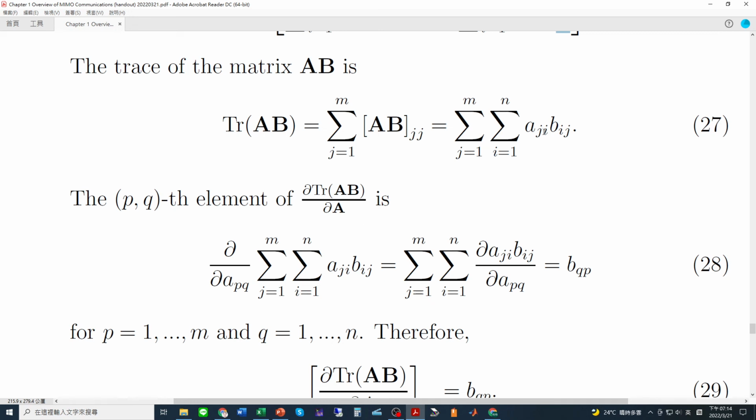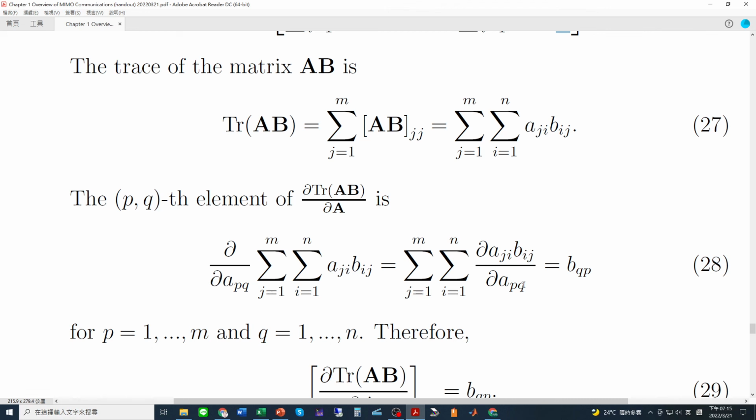Then the partial can be moved inside of the summation. So this equation is equal to the summation j equals 1 to m, and summation i equals 1 to n, of the partial of Aji times Bij over partial Apq.